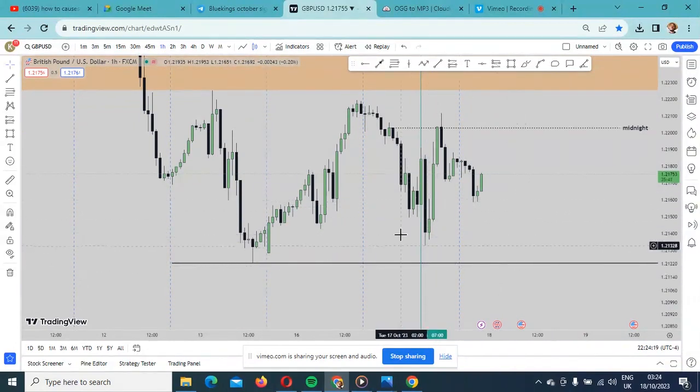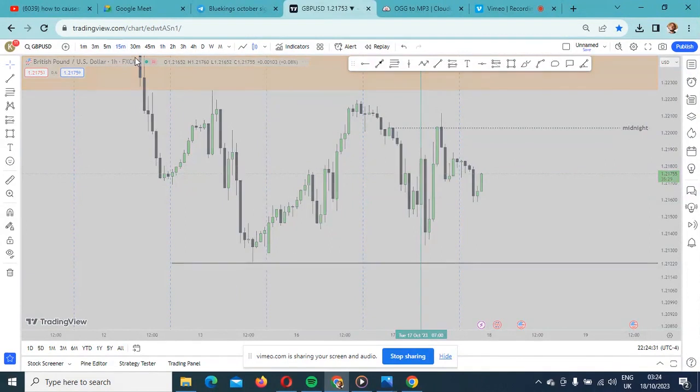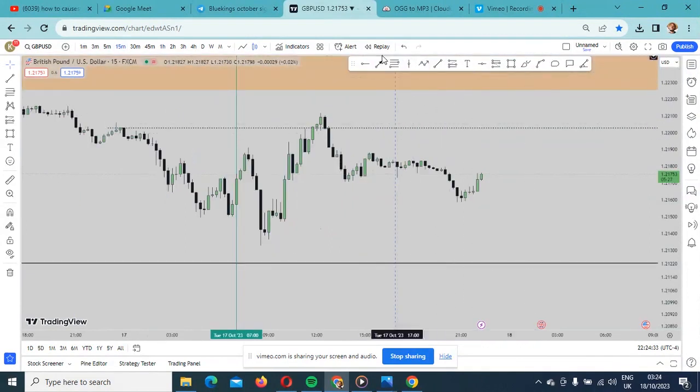You can't, because price is in discount, price is below midnight. It has never been run even in London. Price is below midnight and also below 8:30. If you find out where 8:30 is, you find that price was also below 8:30. Okay, it's 8:30.